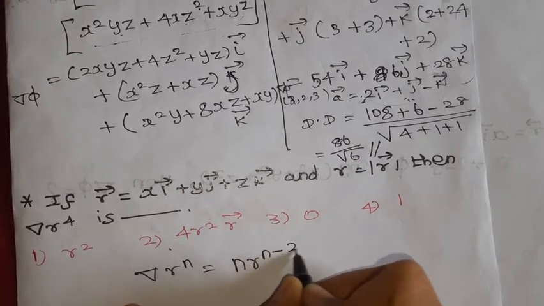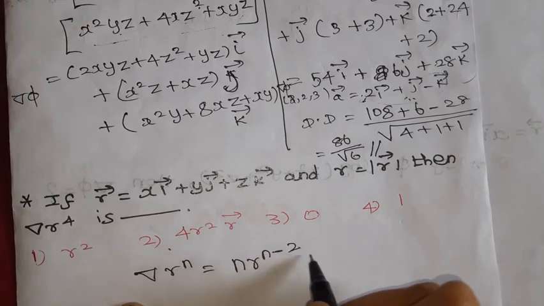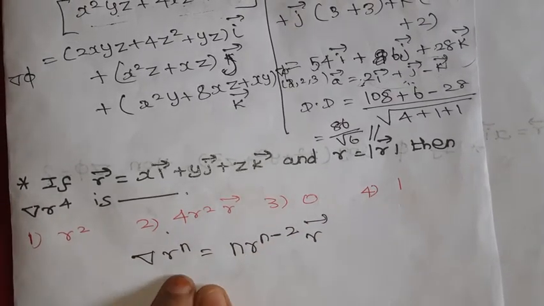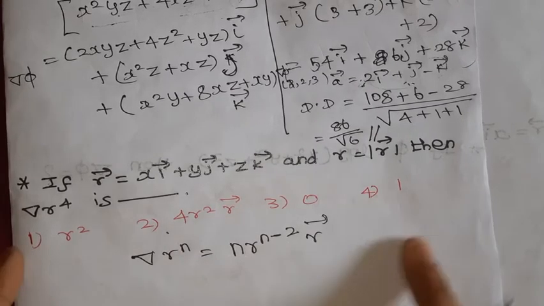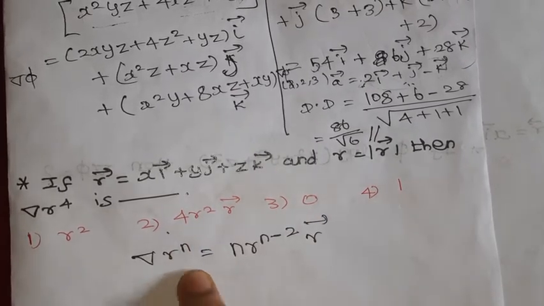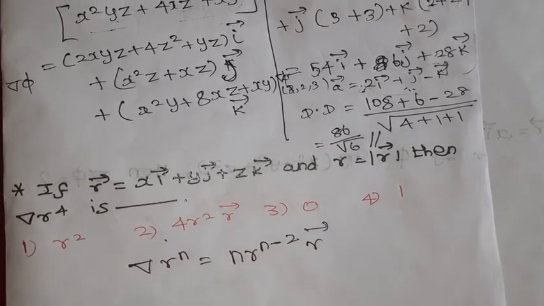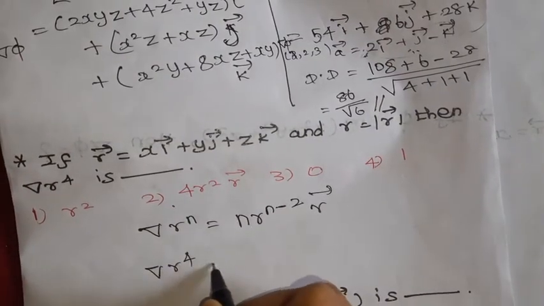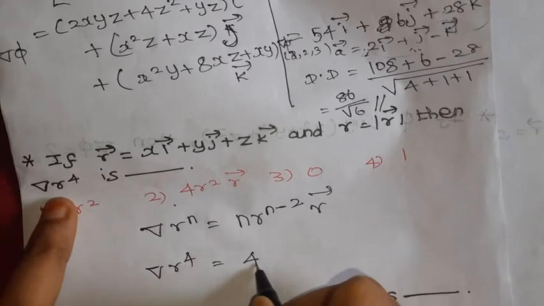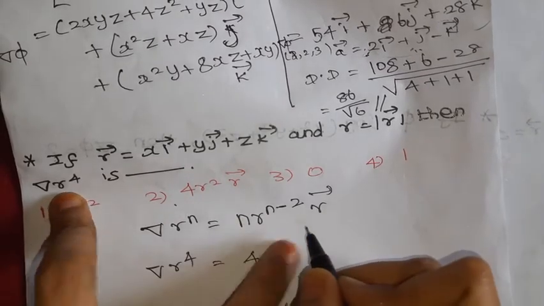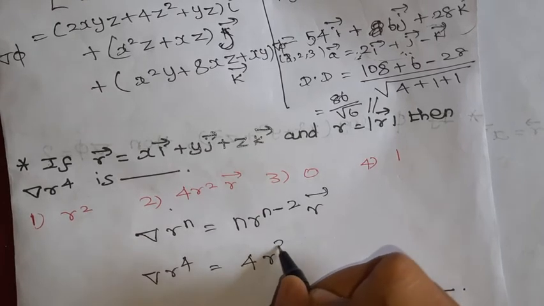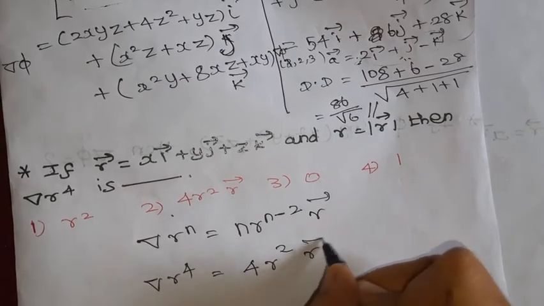If you have not watched these, kindly check our previous videos. Okay, del r power n is a proven, standard one. So del r power n is nothing but n r power n minus 2 into r vector. Similarly del r power 4: 4 into r power n minus 2, n minus 2 is 4 minus 2, so 4 r squared into r vector.